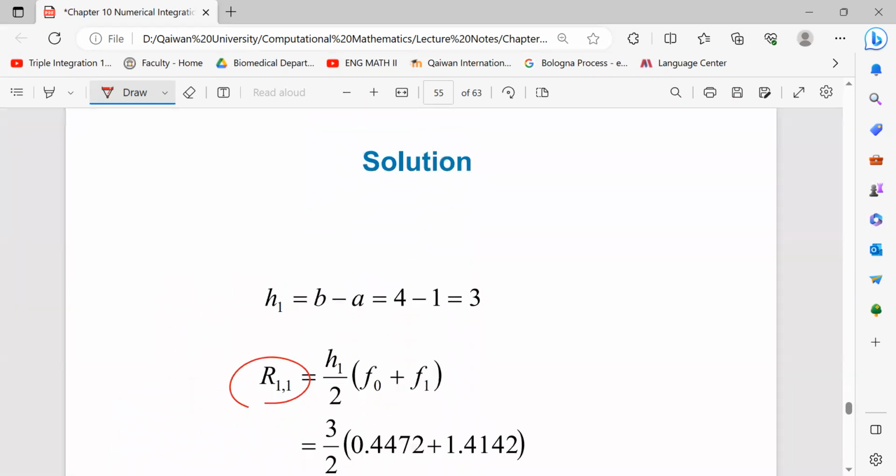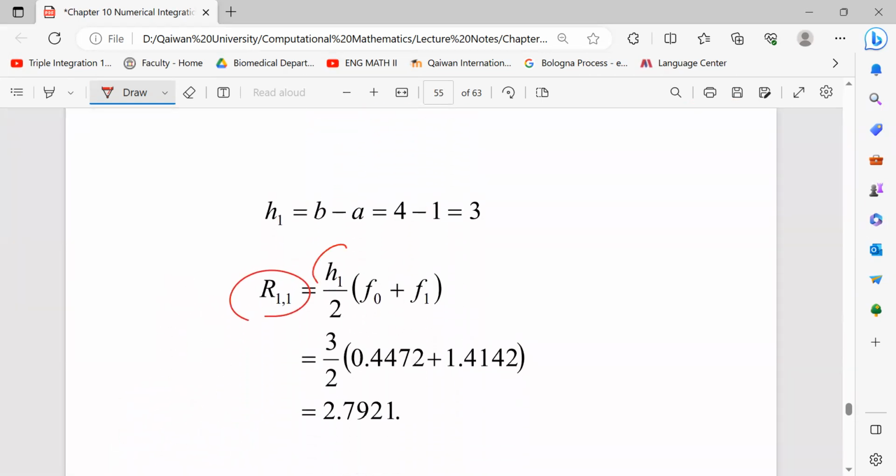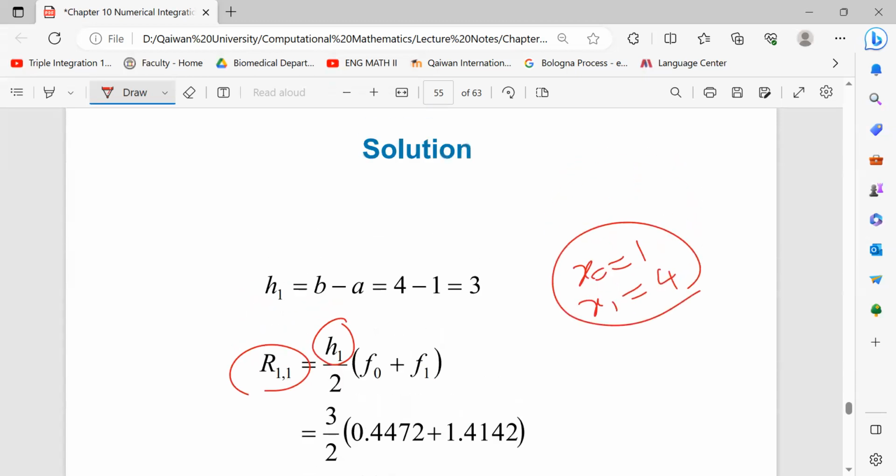X0 is 1 and X1 is 4, so we have only one interval and no more x.